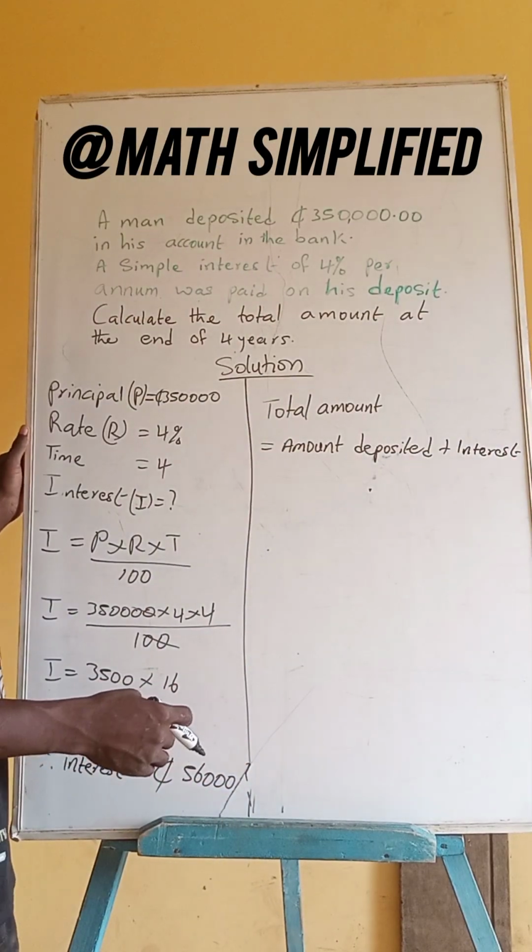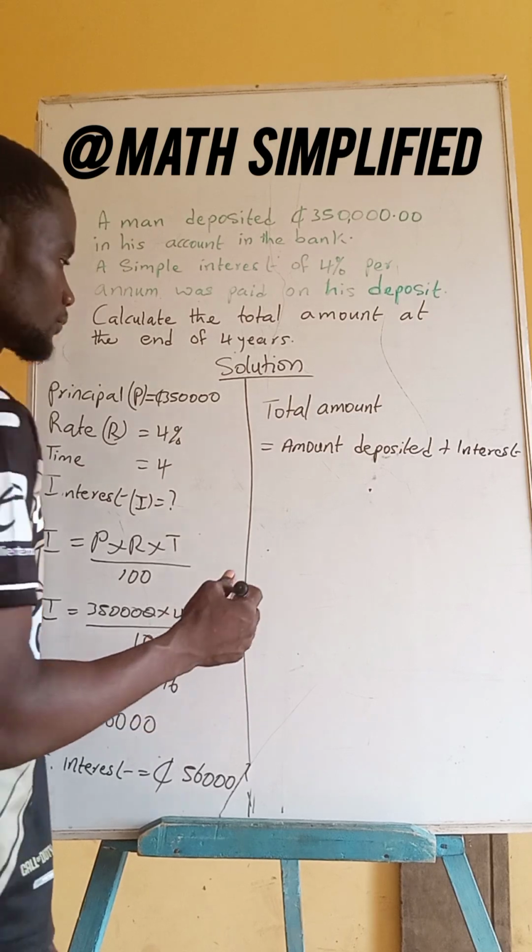Amount deposited plus interest will be the total amount that you get at the end of 4 years.